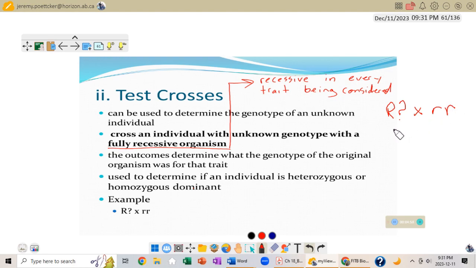In this case here, we're going to be looking at the offspring. Now, the neat thing with fish is you're going to have more than one at a time. There's lots of offspring.